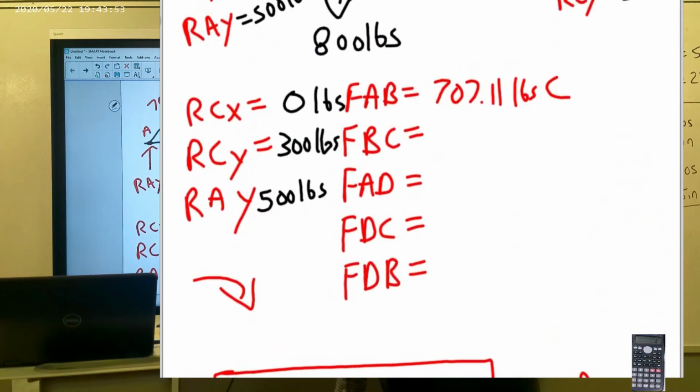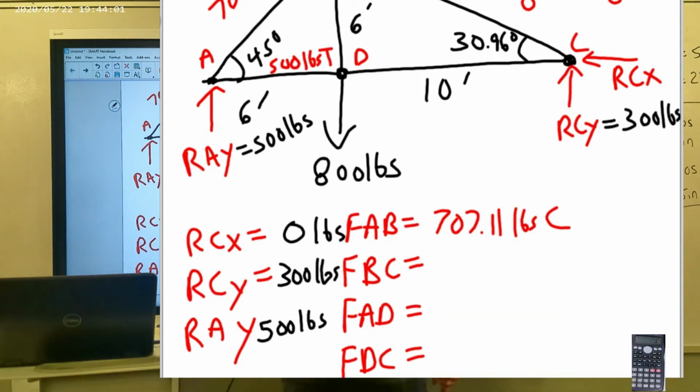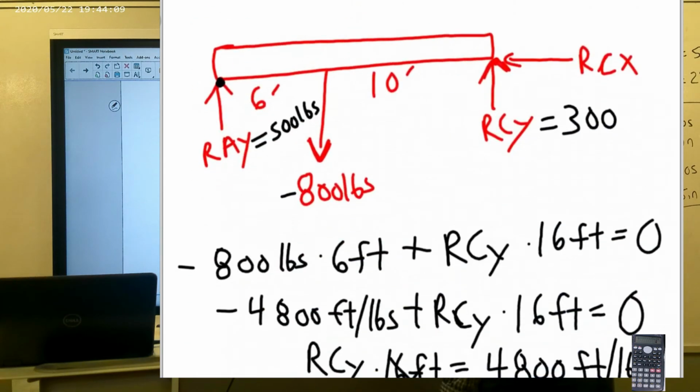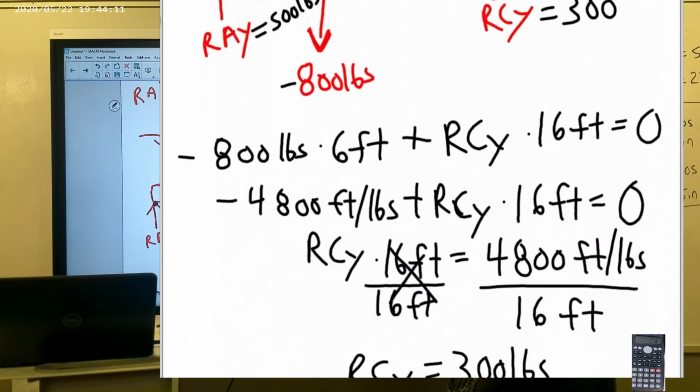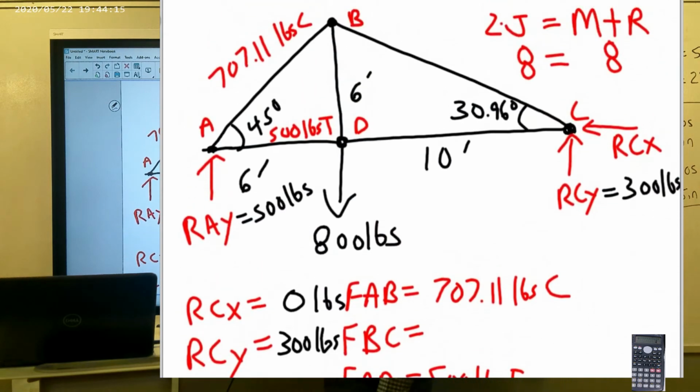So that was member FAD, and we have 500 pounds of tension. FAD is 500 pounds tension, and that should be all of our updates, and that also covers pretty much all of our member forces that are coming off of point A.